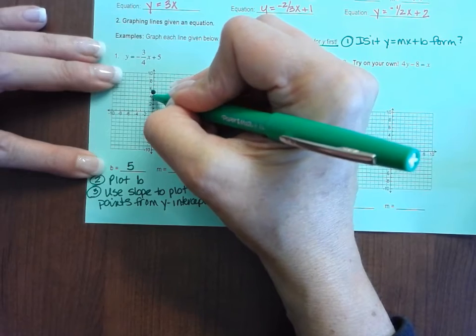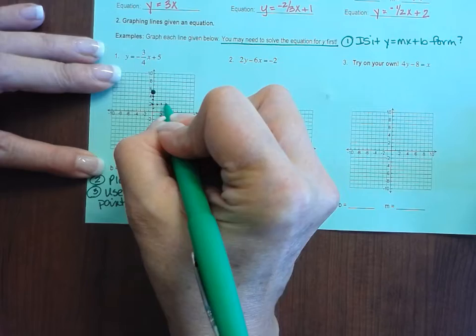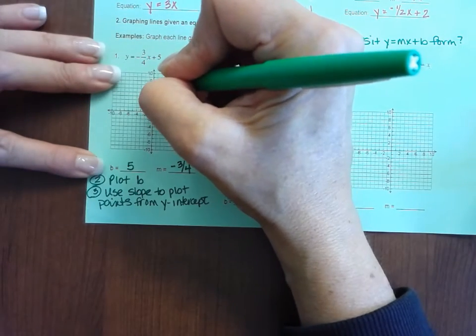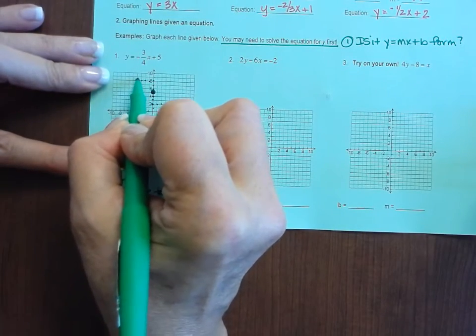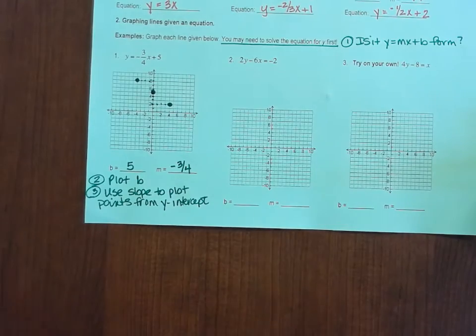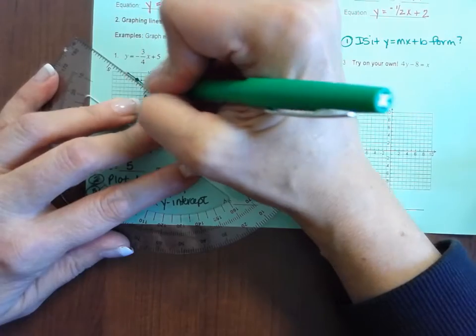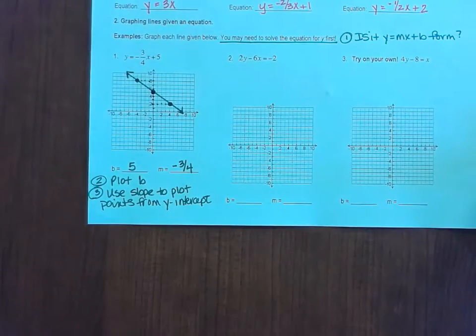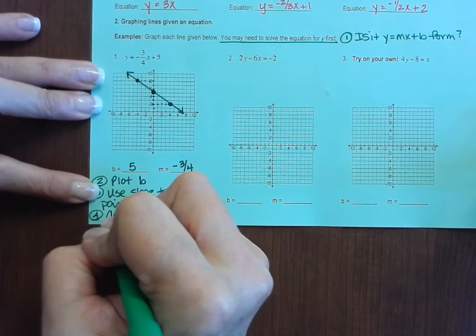So I'm going to go down 3, and then over 4: 1, 2, 3, 4. Or I'm going to go up 3, and over 2, 3, 4. And negative slope, which is awesome that my line is going in a negative direction, so I plotted it right. And then the last step was to connect the points with a line.